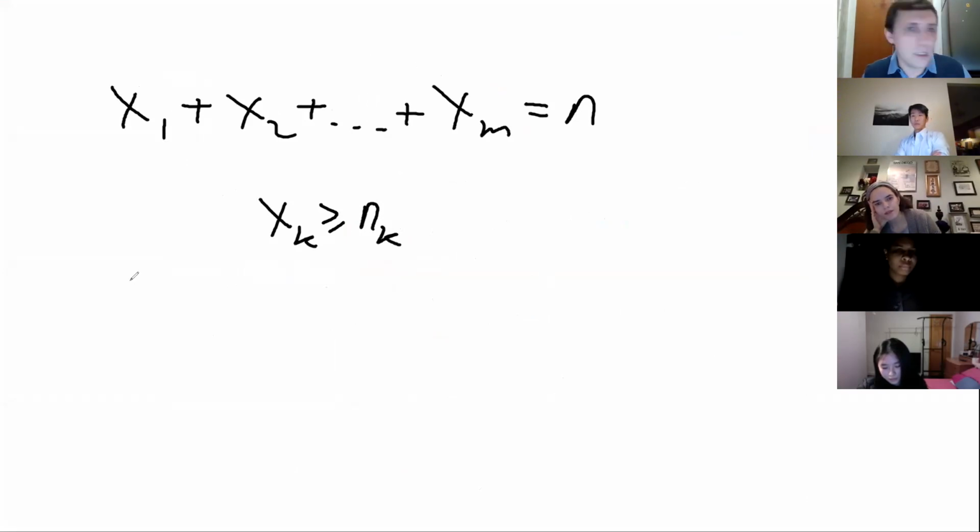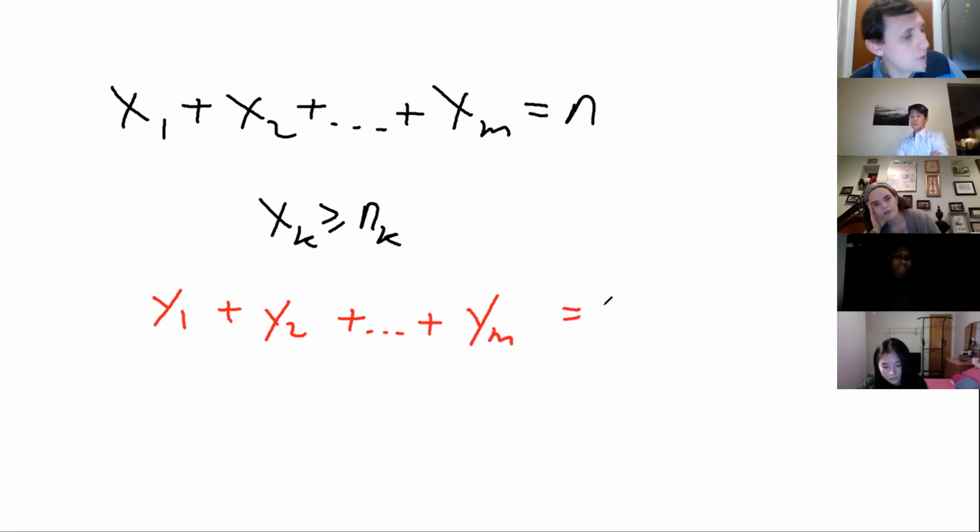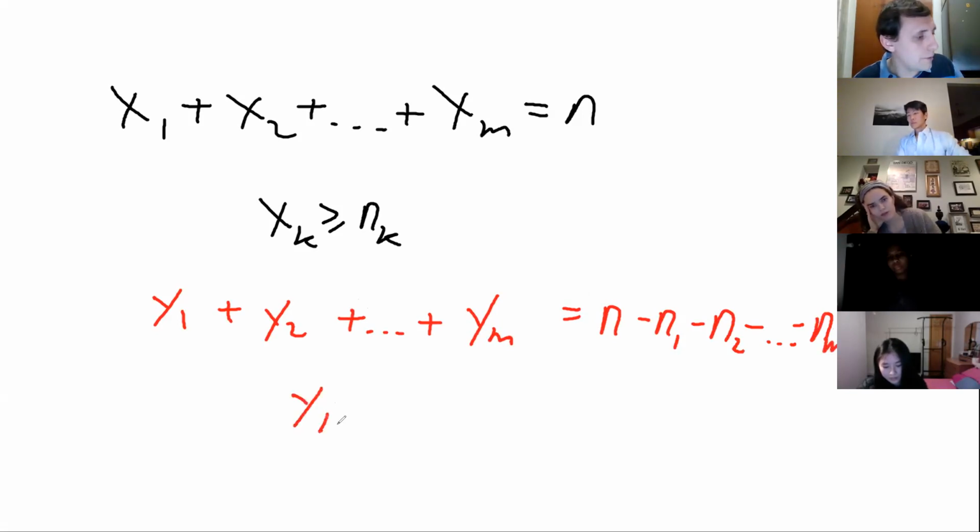The red equation is y1 plus y2 plus through ym equal to n minus n1 minus n2 minus through nm. Do you agree? That's because yk is equal to xk minus nk, and I balance the equation.